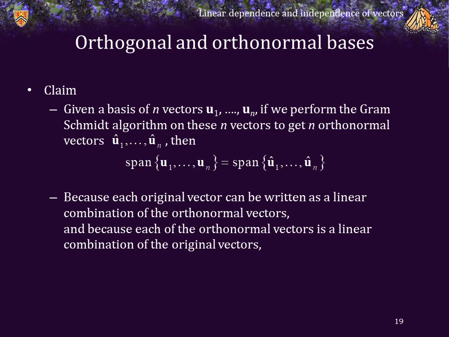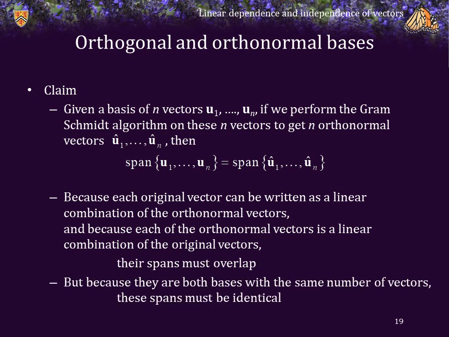Now, this is because each original vector can be written as a linear combination of the orthonormal vectors, and because each of the orthonormal vectors is a linear combination of the original vectors, thus their spans must at least overlap.